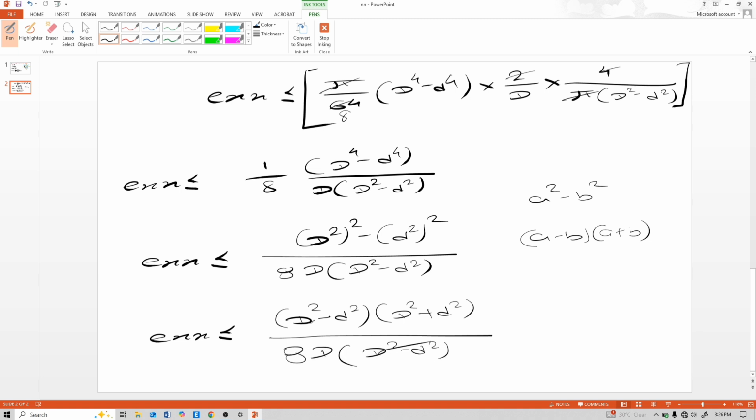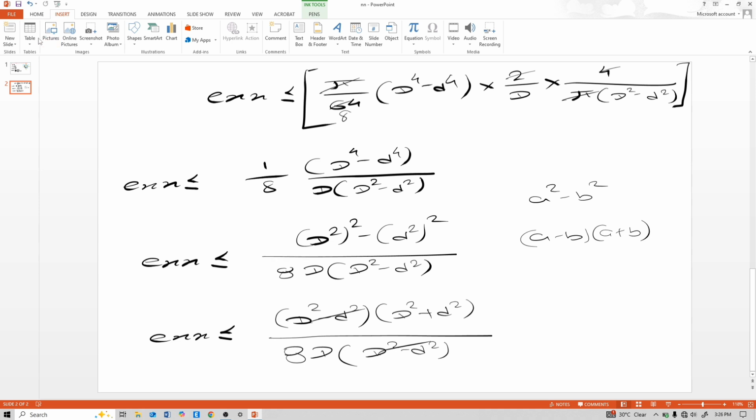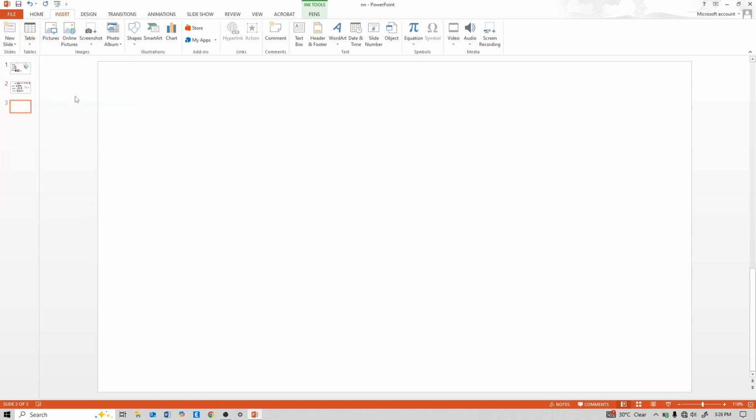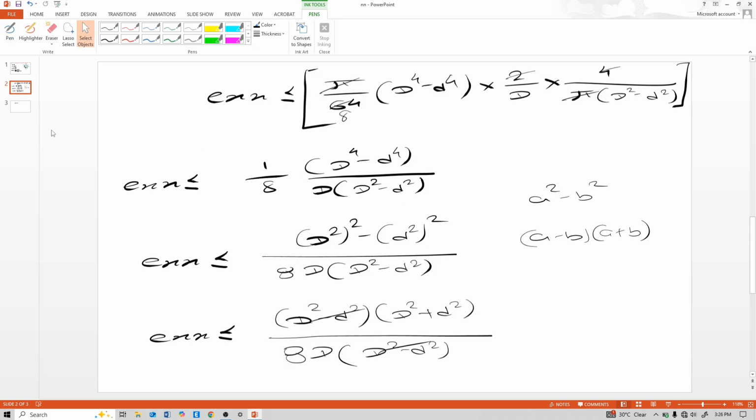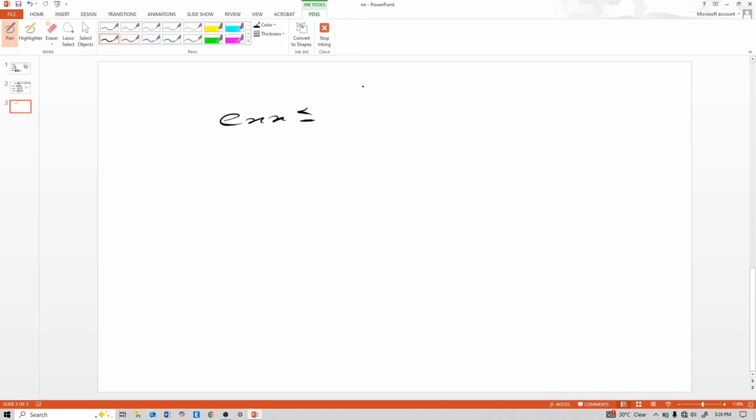So D square minus small d square gets cancelled. So remaining is this. So Exx should be less than or equal to D square plus small d square divided by 8D.